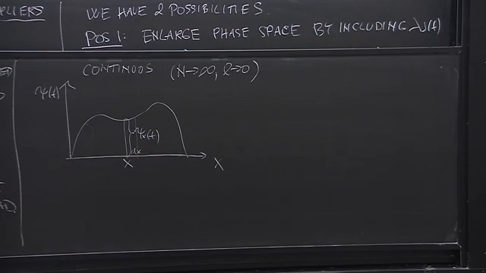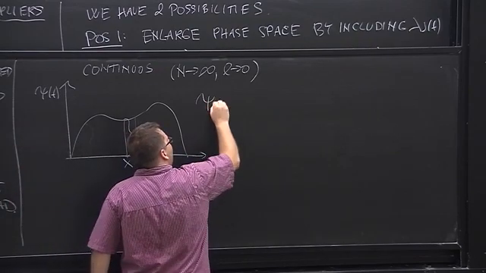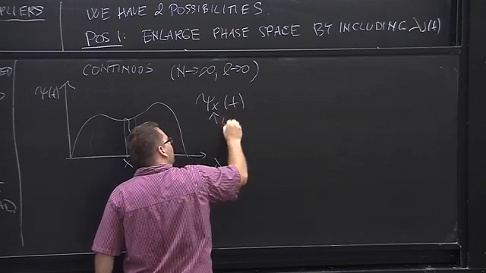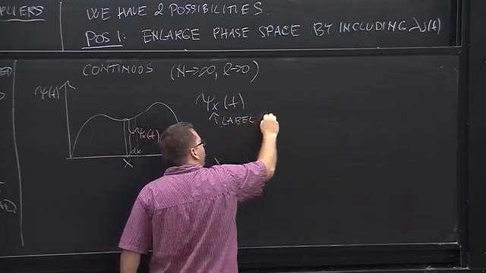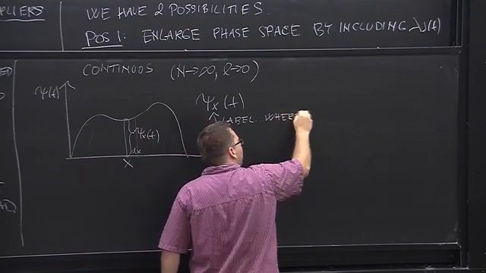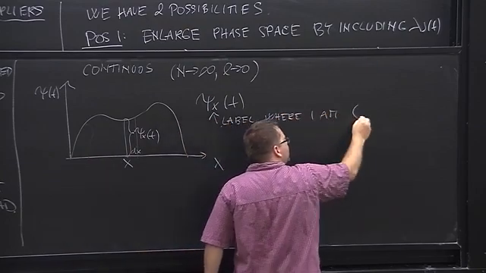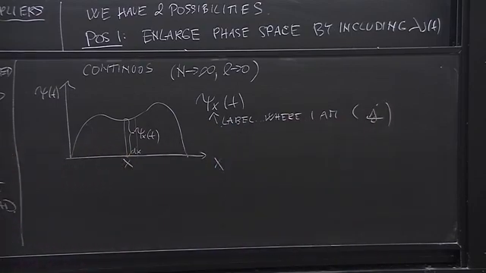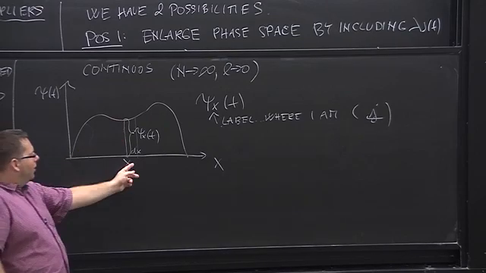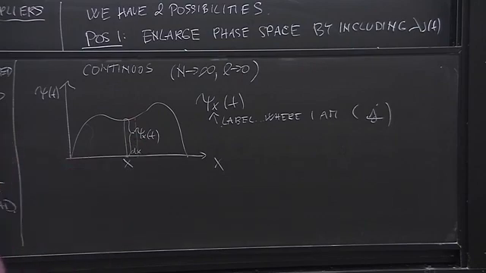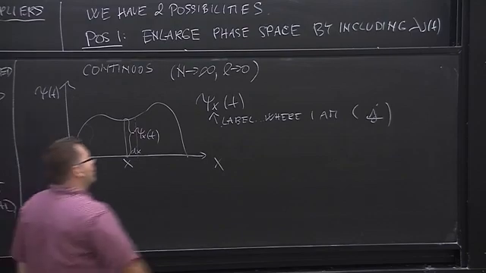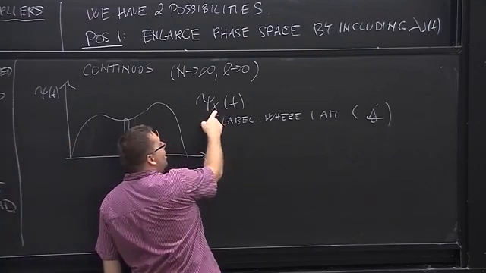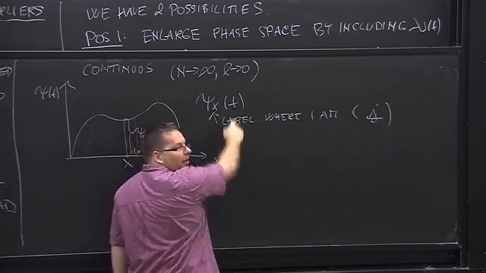Okay, so now, of course, this psi x of t, this is the label where I am, which is what previously was this label j, right? So previously I had the label j, I said this is my jth bead, this is j plus 1. So now I'm saying this is my x bead, and x plus dx, right? So I'm just making this continuous limit. This is telling me where I am on the string, and this is telling me when I am.